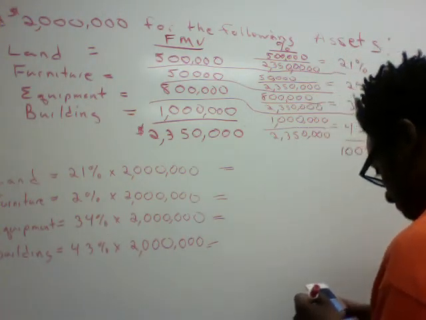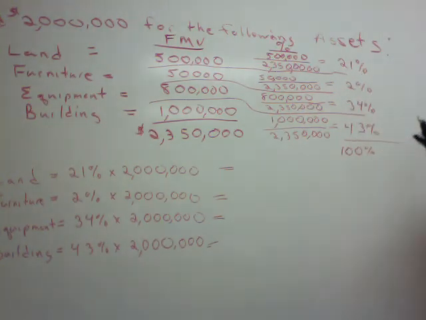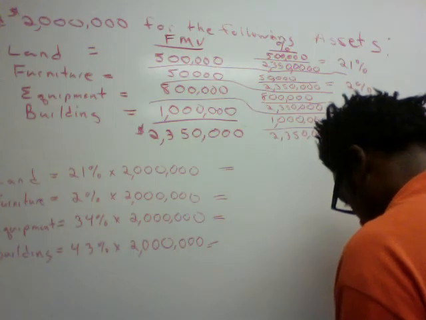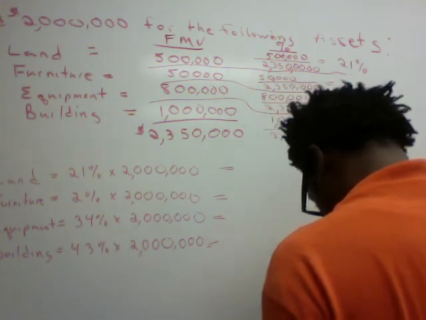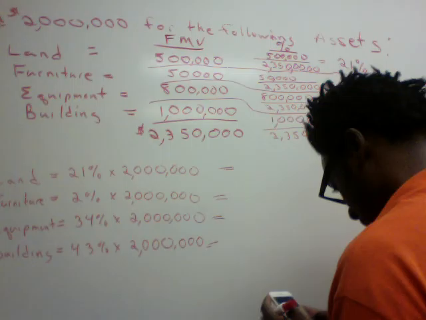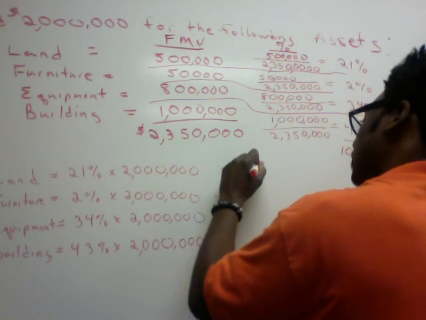Okay? So 21% times 2 million. This calculator is acting crazy. 2 million times 0.21 is 420,000.